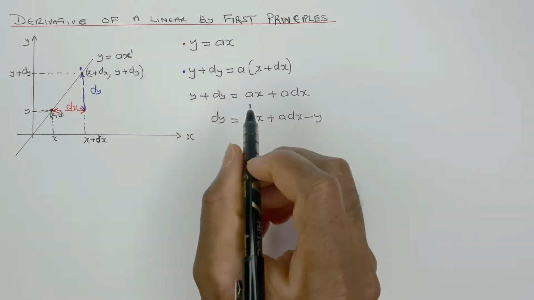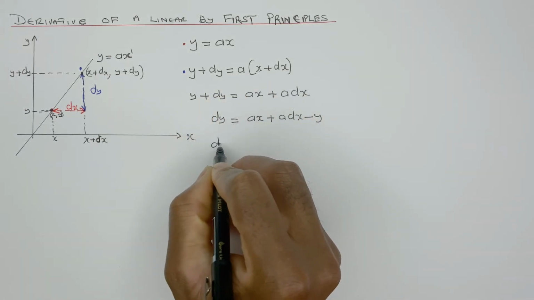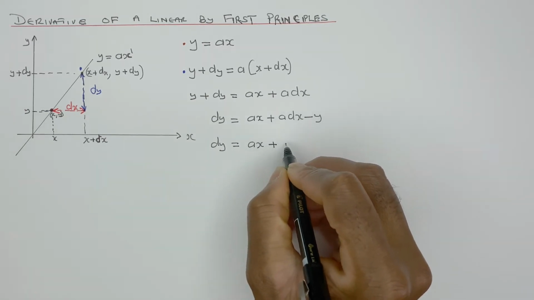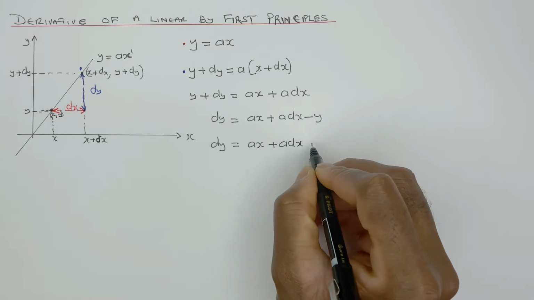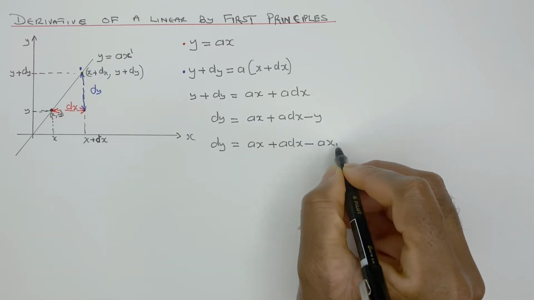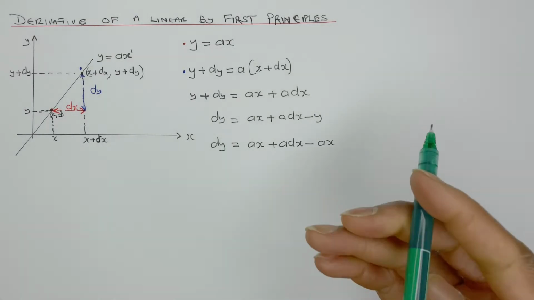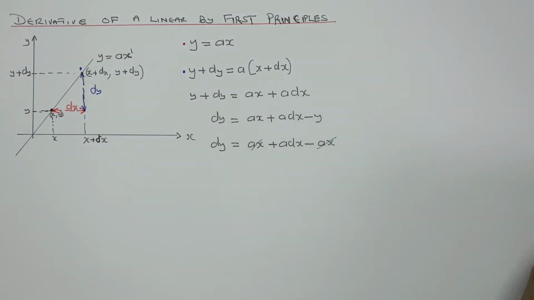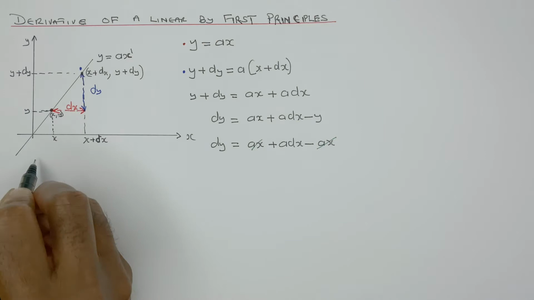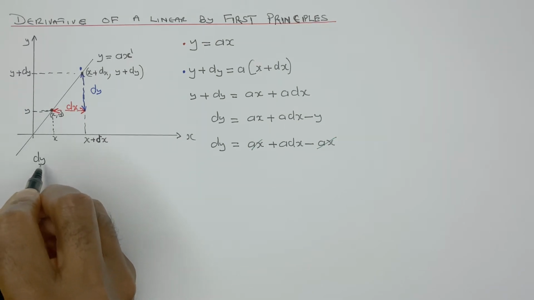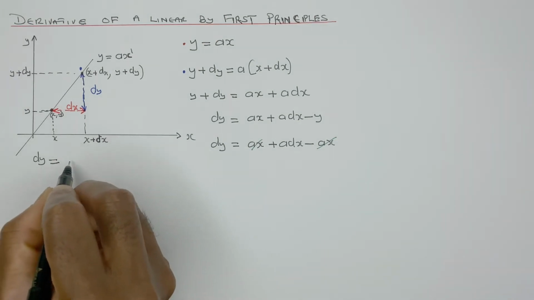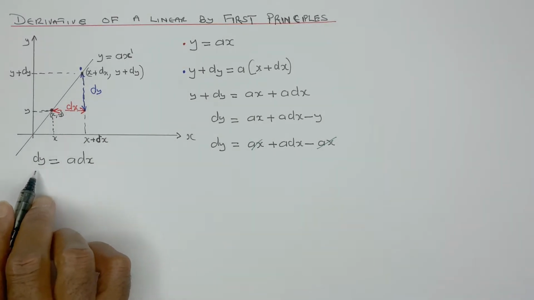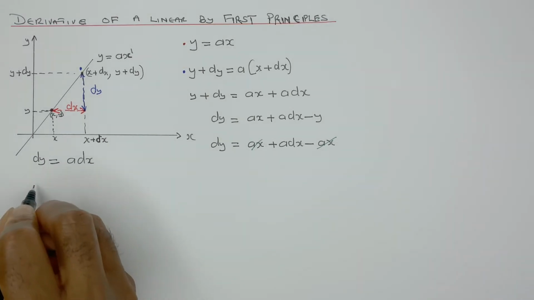Y is ax. So dy equals ax plus a dx minus ax. As you can see, the ax terms cancel each other because that's plus and minus. And I'm left with dy equals a dx.